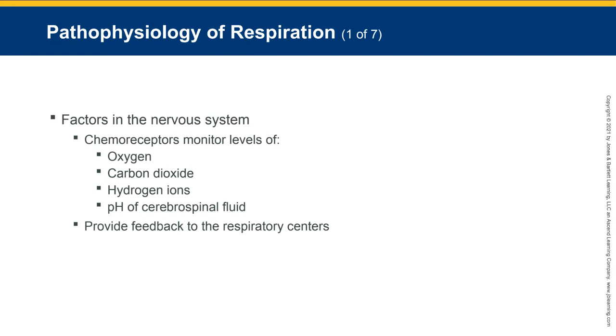So you have receptors that monitor oxygen levels, carbon dioxide levels, hydrogen ion levels, and pH of the cerebrospinal fluid. Based on the changes that are picked up by these receptors, signals or messages are sent back to the respiratory centers to make adjustments in breathing.